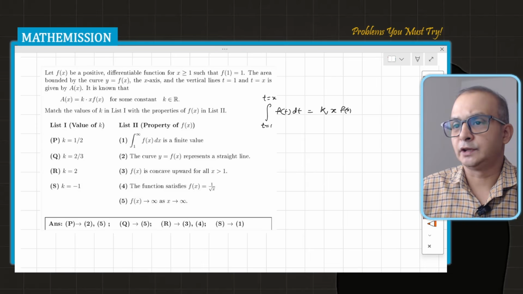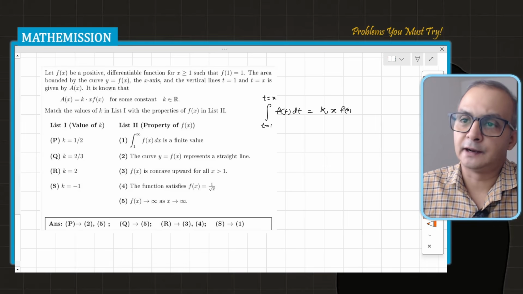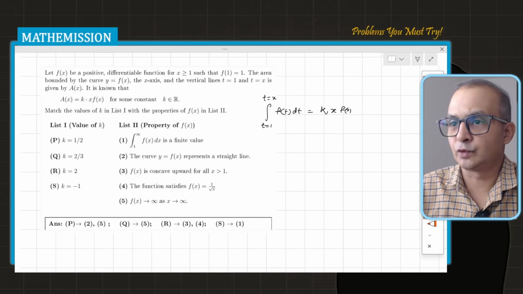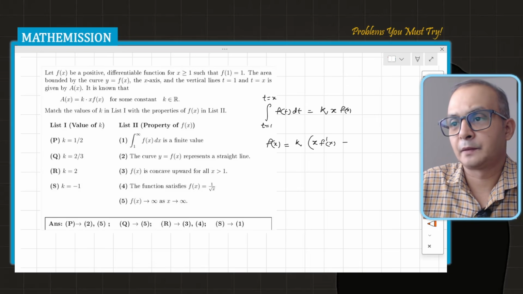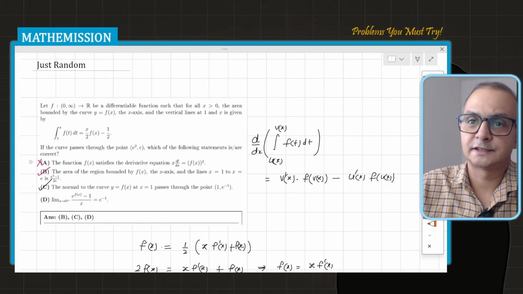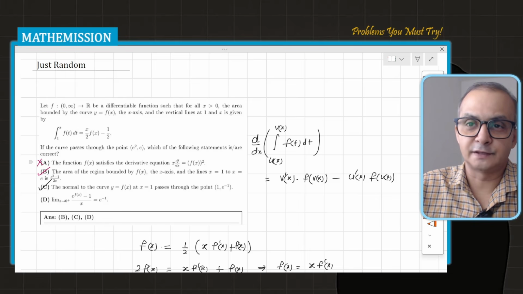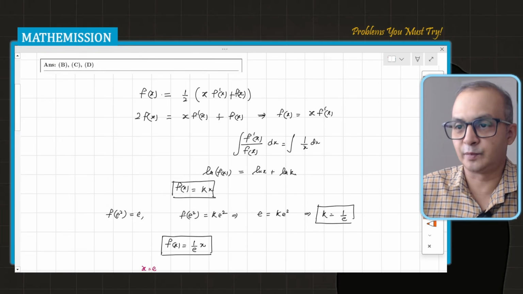So what we can do here is again apply the same Leibniz differentiation on both sides. So what we get here is f(x) as it is, and here we get k times x f'(x) plus f(x). Now in the previous question we had a similar kind of situation, and the coefficient was half, and this minus half was given, but after differentiation it was not present.